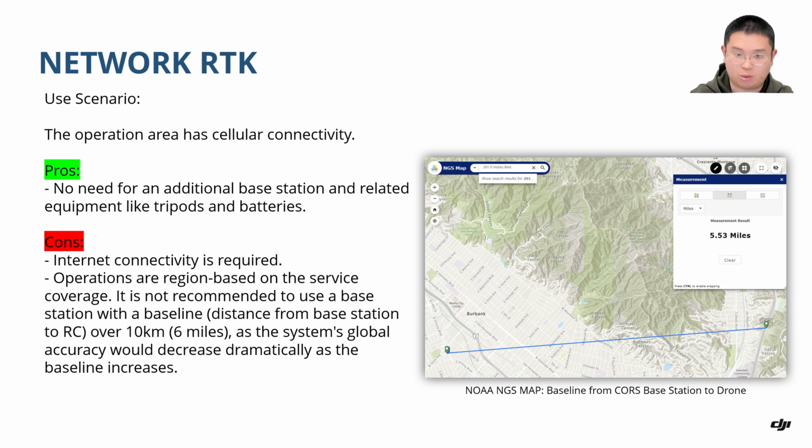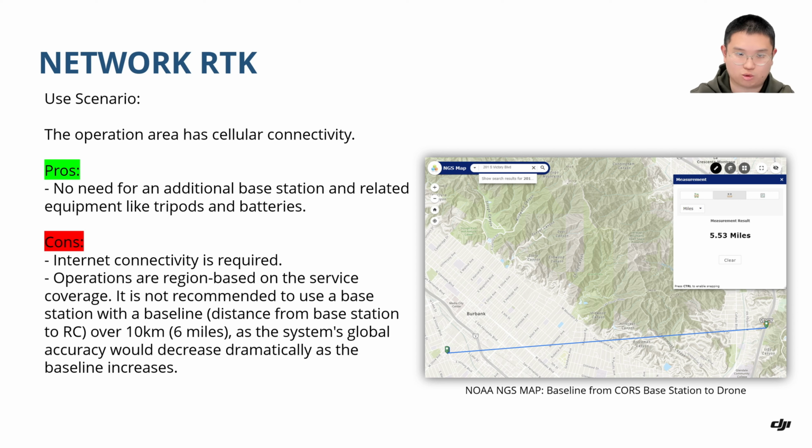So overall, which scenario would be suitable for using network RTK? First, the operation site has cellular connectivity or network connectivity, and it also has a nearby base station within that network service to reference the drone from. So that is network RTK.